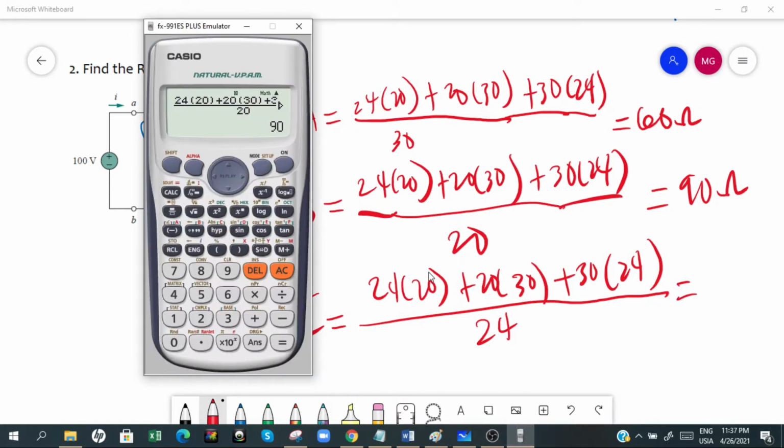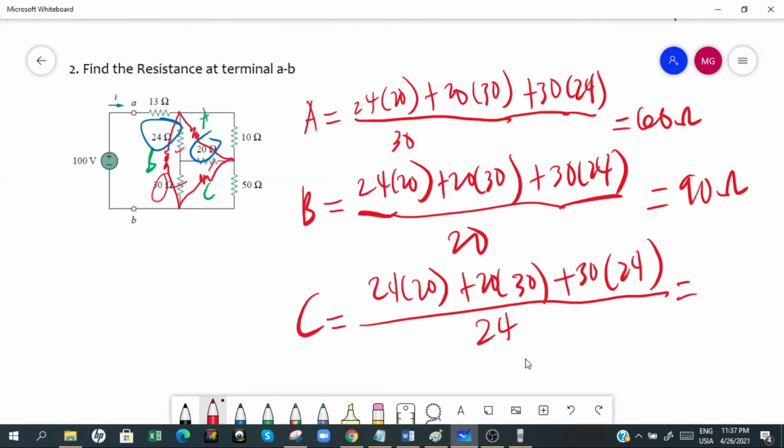Here 75 ohms. Okay, now we have known these values already, so if we redraw this one, it will look like this.